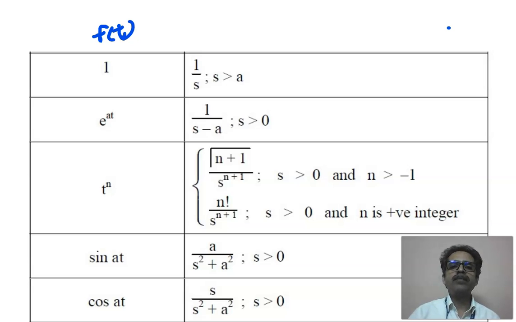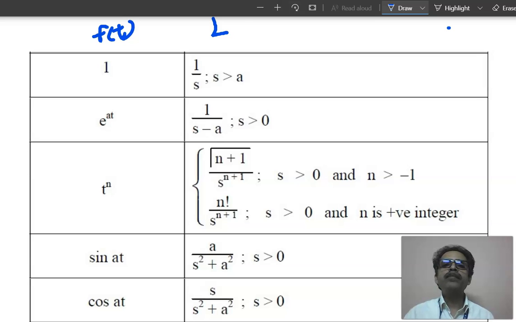The second column represents the corresponding value of their Laplace transform. So the second column represents the Laplace transform of f of t, in square brackets. You can see I am using the pen function here, but it is not working properly.